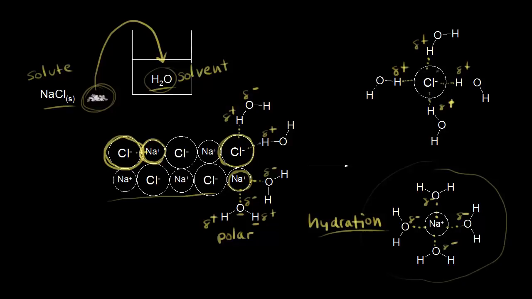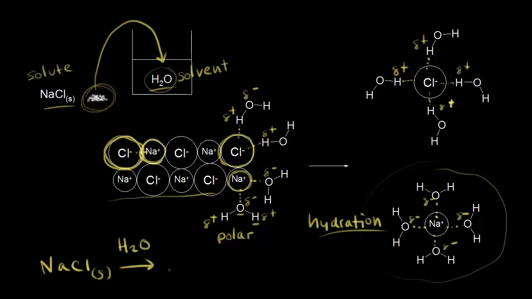So the end result is each sodium cation is surrounded by water molecules, and each chloride anion is surrounded by water molecules. So the sodium chloride has dissolved in water. We formed a solution, an aqueous solution of sodium chloride. And the way that you see that written, here we have solid sodium chloride, which we put into water, our solvent, and the water molecules surrounded our ions.